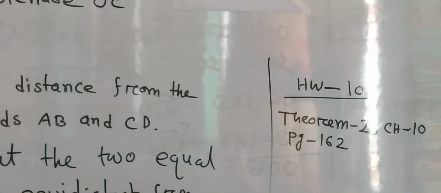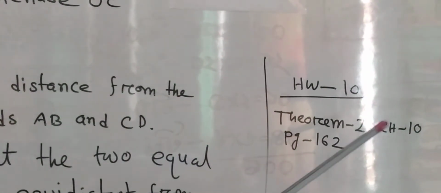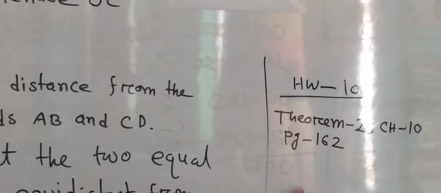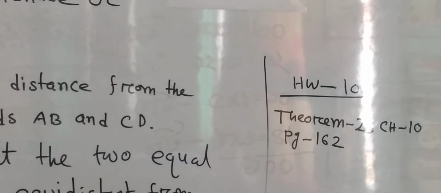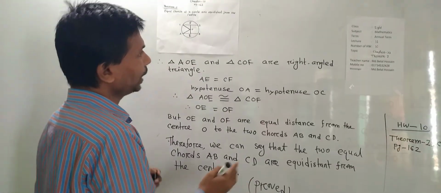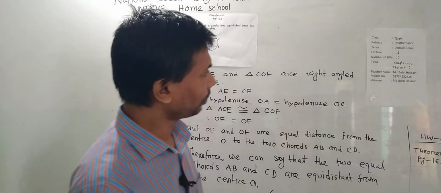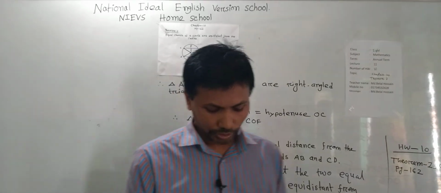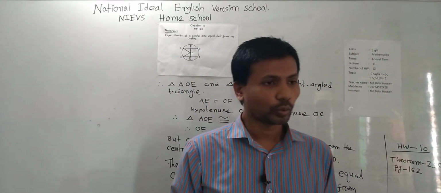Dear student, look, your SW number is 10, Theorem 2, Chapter 10, page number 162. Hope you understood my discussion. If you face any problem, you can contact me by phone number or any messenger.